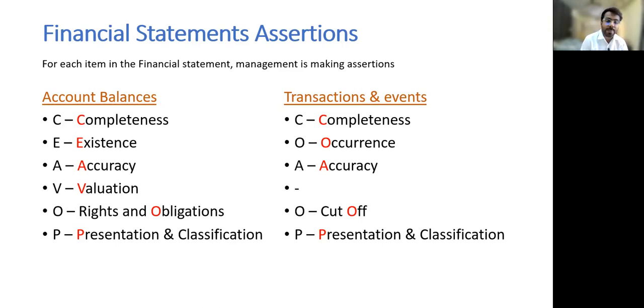That means the price of that plant and machinery, the transportation cost to the factory, the installation charges or installation expenses that you've incurred in order to install that plant and machinery at the premises of the client, all of that should be included in the value of the plant and machinery. So as an auditor, you should check whether all of those values have been included or not. So that again is a check for valuation. Clear?